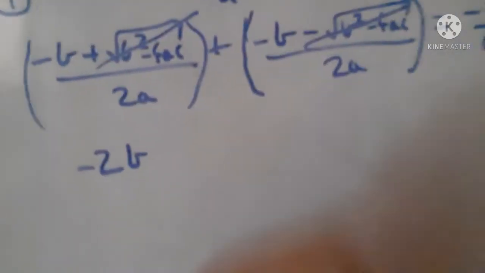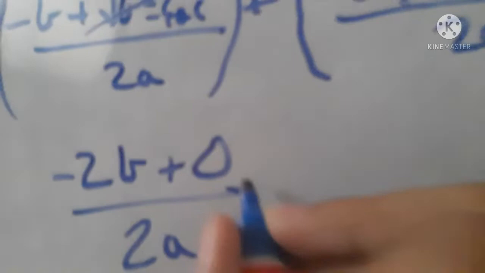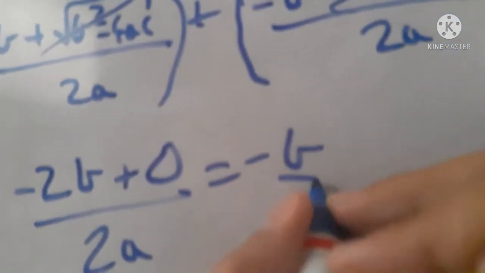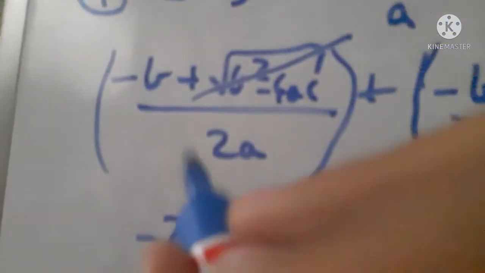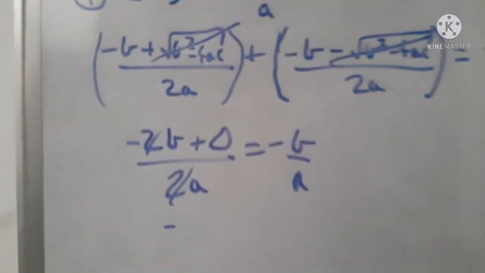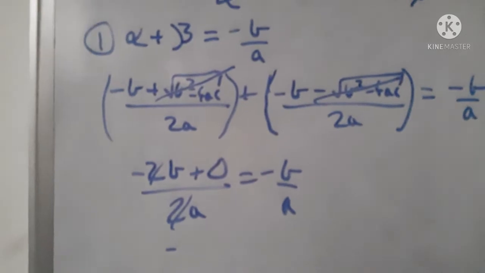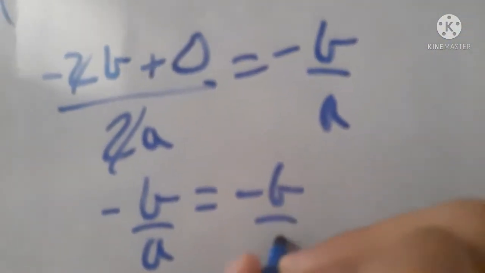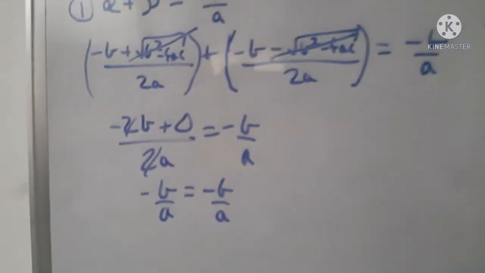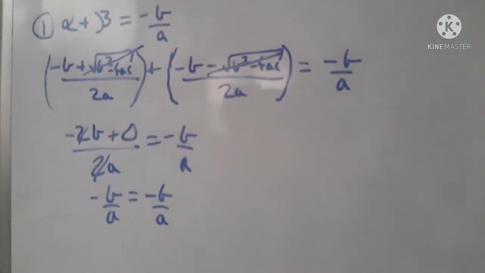Then this just becomes plus 0 upon 2a, which is extremely easy. So you can cancel out the 2's, and we have minus b upon a is equal to minus b upon a. Pretty cool.